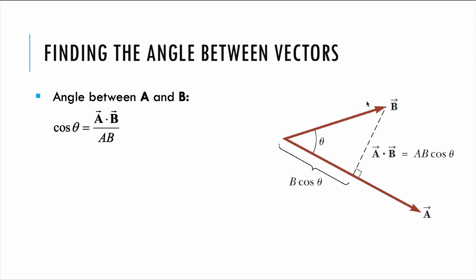And we're given vectors A and B, then all we have to do is find the dot product of those two vectors and divide it by the product of the magnitudes, right? And this comes from just manipulating this equation to solve for cosine theta. And then, of course, you would take the inverse cosine of both sides to get theta by itself.